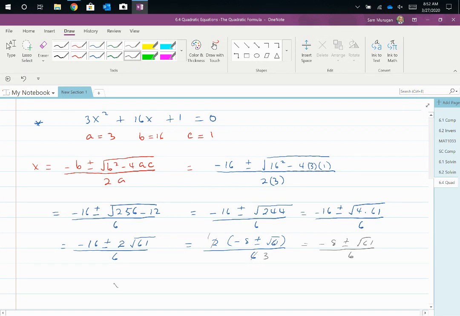So two solutions. X is equal to negative 8 plus the square root of 61 over 6, and negative 8 minus the square root of 61 over 6.